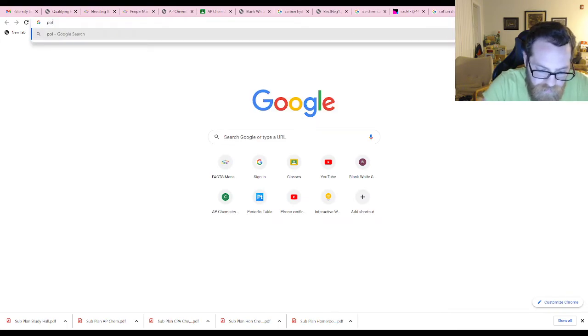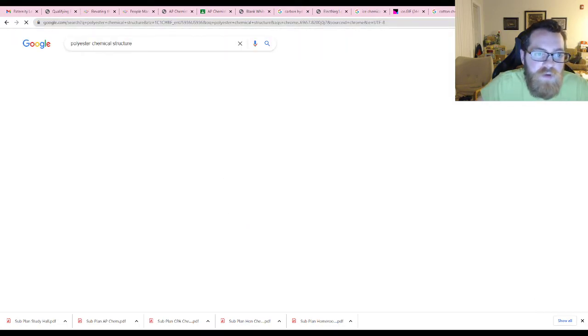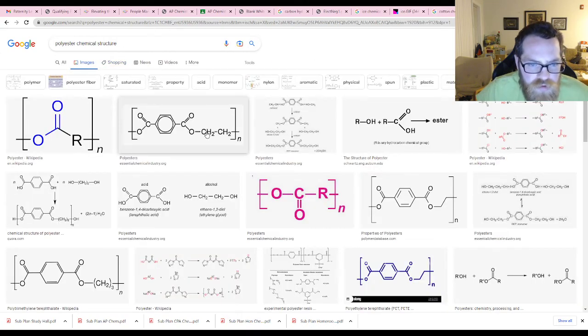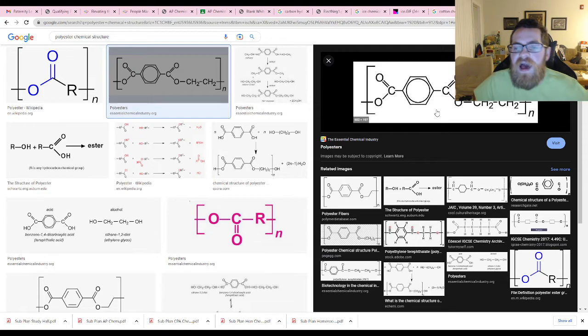If we look up polyester chemical structure, we will see oxygens, but we won't really see those hydrogens and oxygens together. So we don't get those super strong dipoles and hydrogen bonding. That is why athletic clothes doesn't really wrinkle that much.